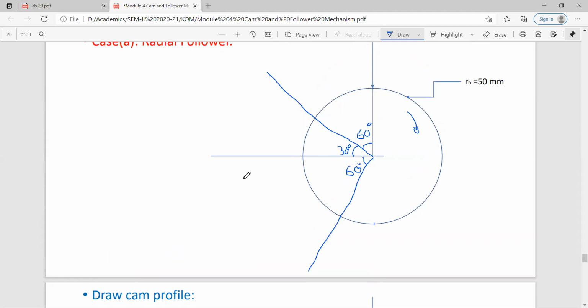Then we will proceed further. Let me know if you are done, and if you have any doubt, let me know. I will explain it again.